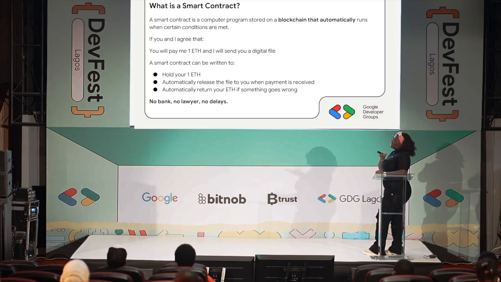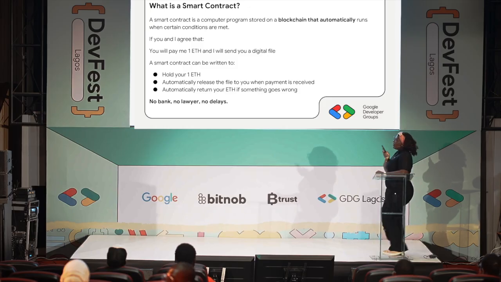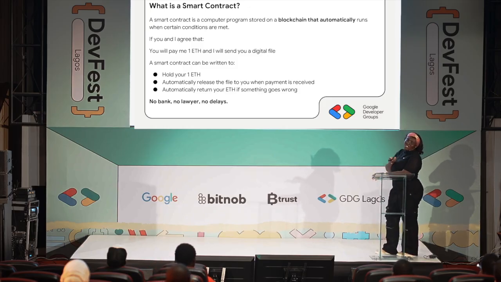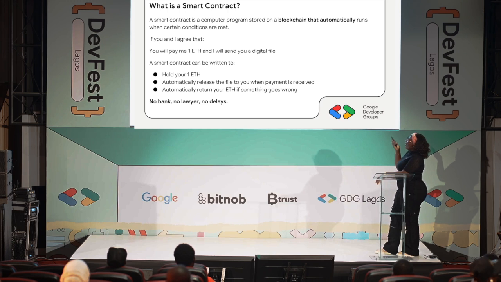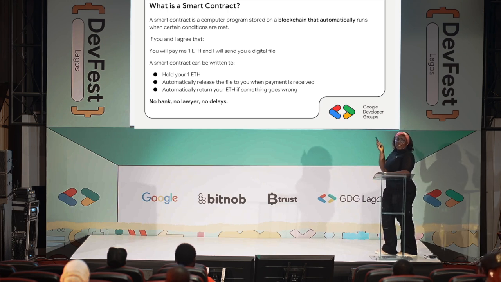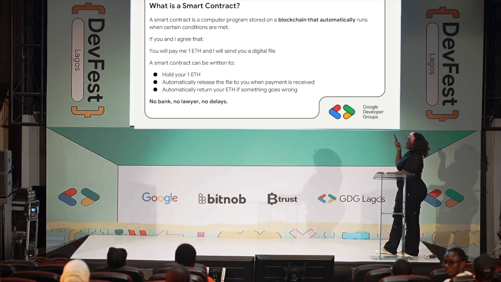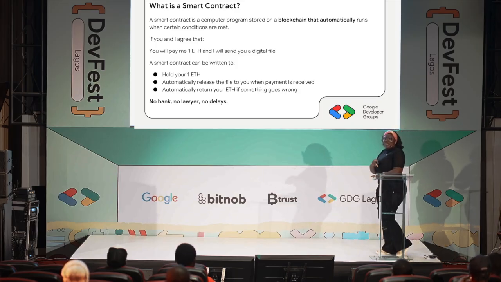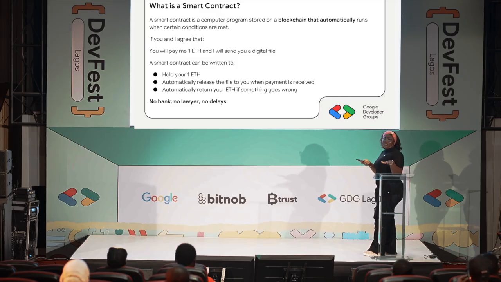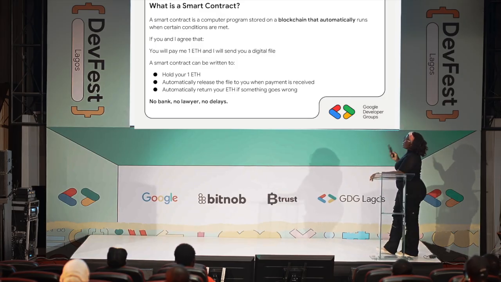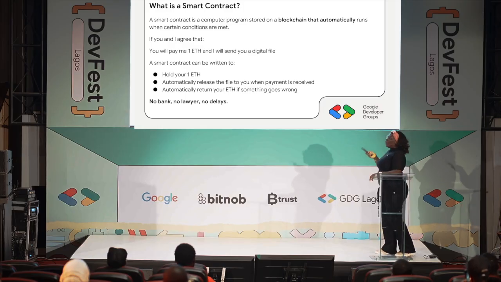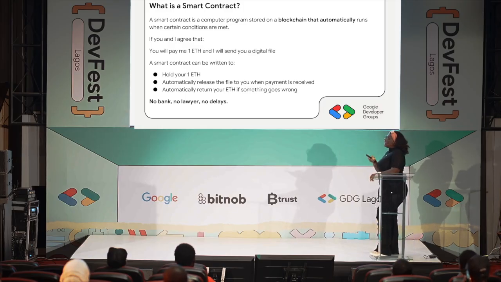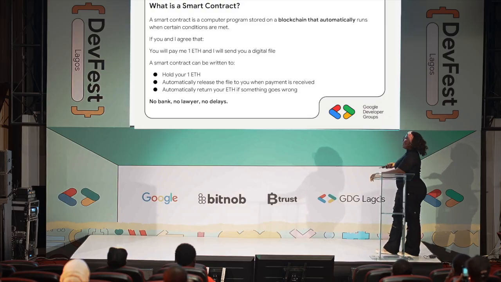Think about it as if you and I agree that you pay me 1 ETH and I will send you a digital file, like my slide here, right? A smart contract can be written to ensure that when you are done paying me, I don't run away with your money, or when I give you the file, you don't run away without paying me. So a smart contract can be written to hold your 1 ETH and automatically release the file to you when the payment is received.